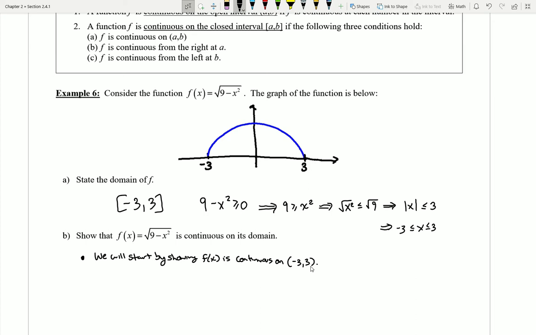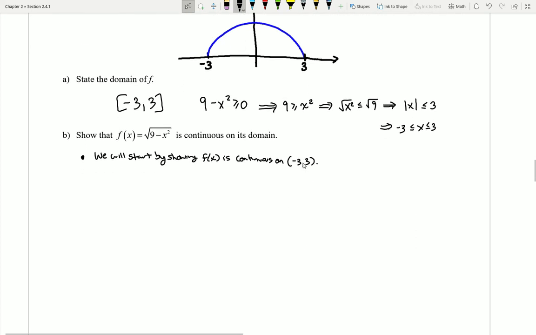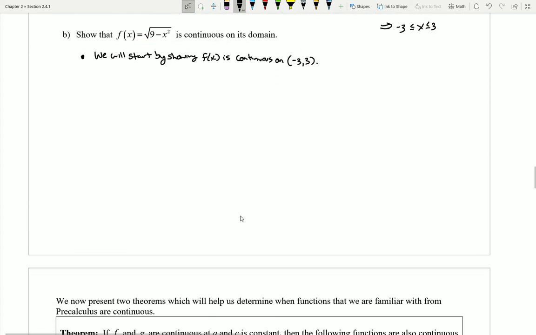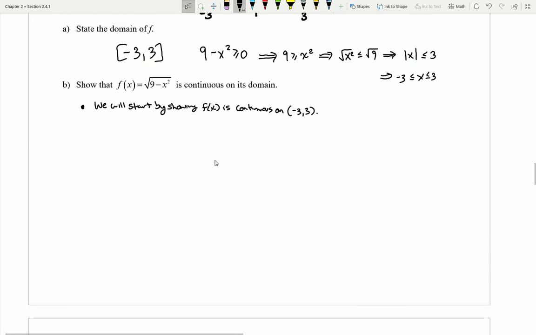Well, how in the world am I going to be able to show that a function is continuous at an infinite number of spots? I mean, I only have this much space. I don't want to just start trying every number. That's going to be terrible. So what we often do in scenarios like this is we do something like the following.